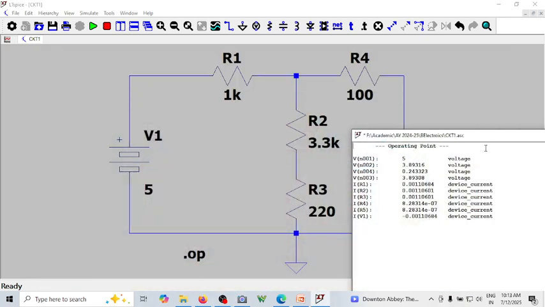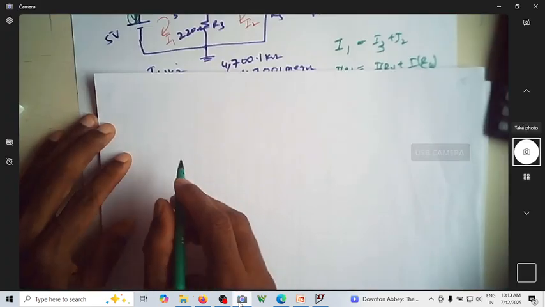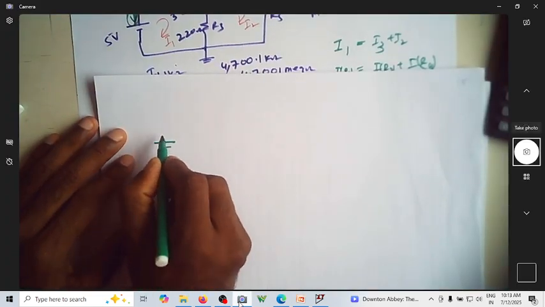Now that's how we can measure the things. And let us try to understand what these voltages V, N001, N002 are. Whenever we write any circuit, let me just rewrite this circuit here. So this is the circuit we had.